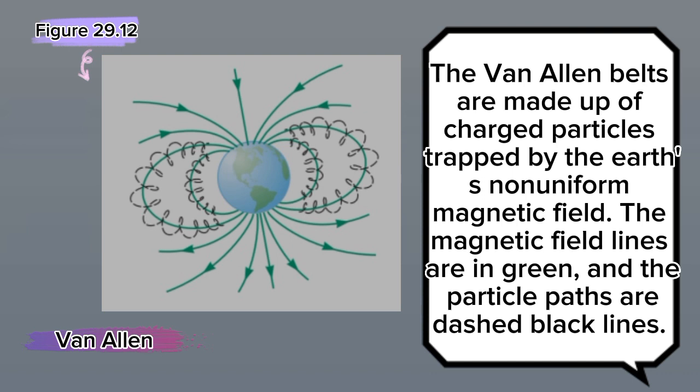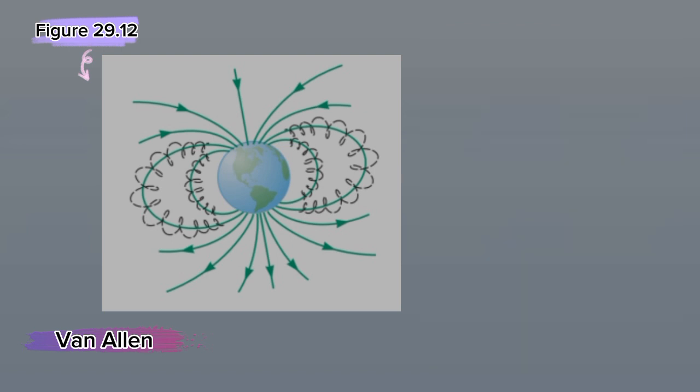These particles originated mainly from the sun, but some come from the stars and other heavenly bodies. For this reason, the particles are called cosmic rays. Most cosmic rays are deflected by the Earth's magnetic field and never reach the atmosphere, but some of the particles become trapped. However, it is these particles that make up the Van Allen belts.